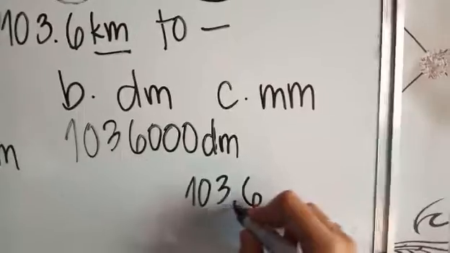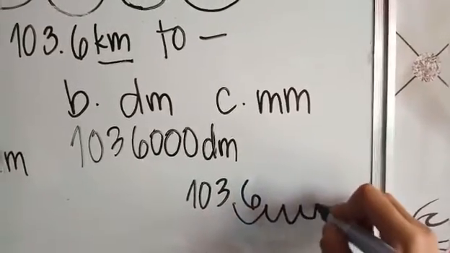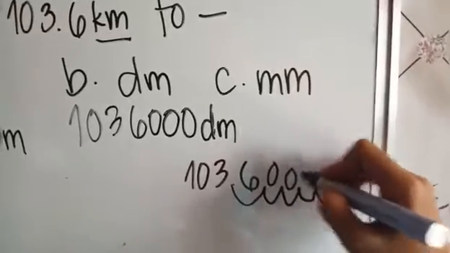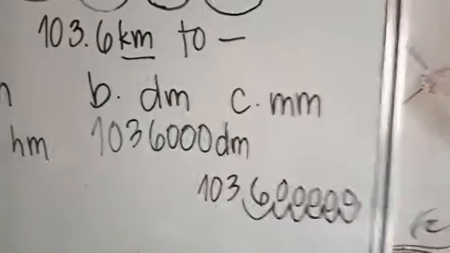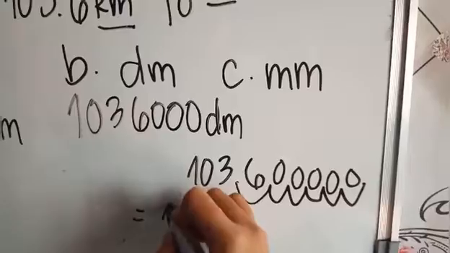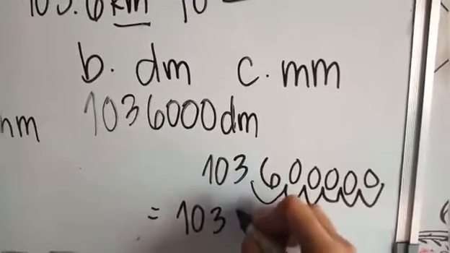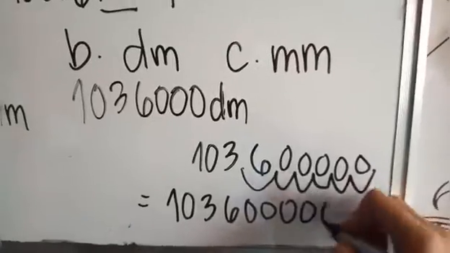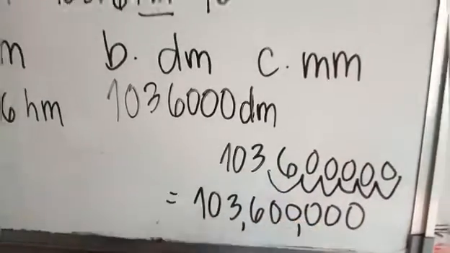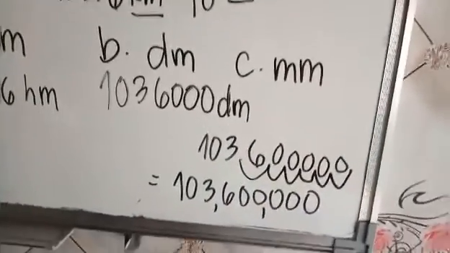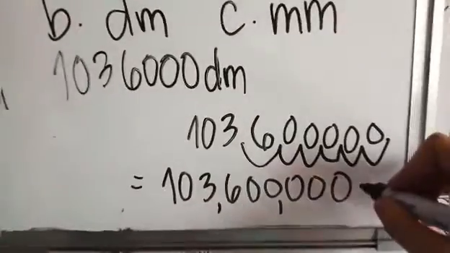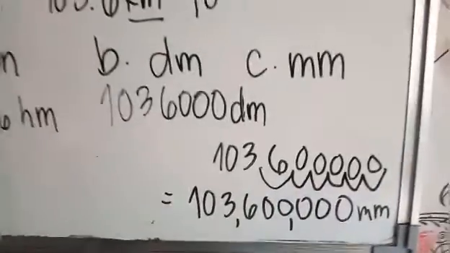So, we have 1, 2, 3, 4, 5, 6. So, we just add zeros. So, our answer now is 103, then 6, 0, 0, 0, 0, then 0. So, we have now 103,600,000 millimeters. So, that's how easy it is.